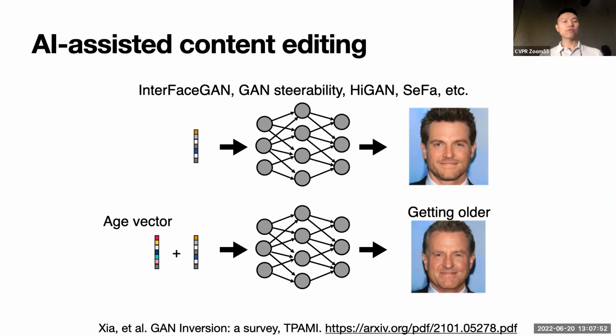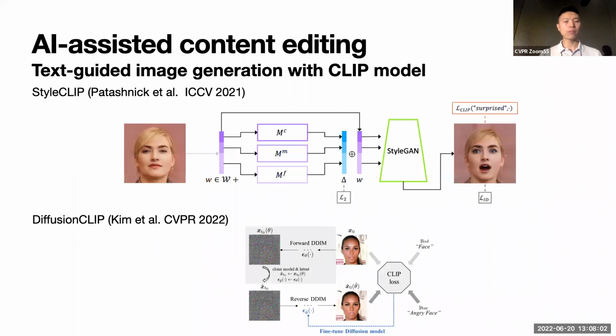But one limitation of this kind of latent manipulation is that for each attribute, we have to train these latent boundaries. To address this issue, researchers came up with different ways to input our human intentions. For example, here I list two works. One is StyleCLIP, another is DiffusionCLIP.